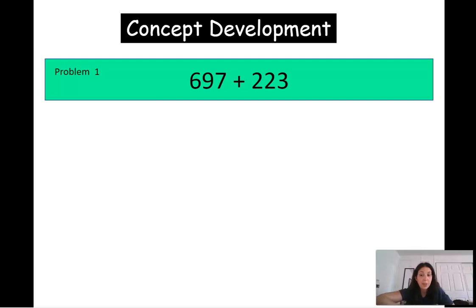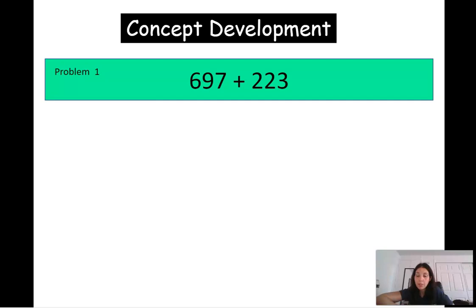So these are all strategies that we've done in class or online. I want you to think about what strategy you would use for this problem. If you have paper and something to write with, that would be super helpful, so you can write down your solution.